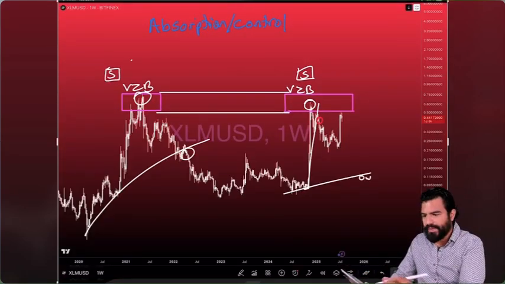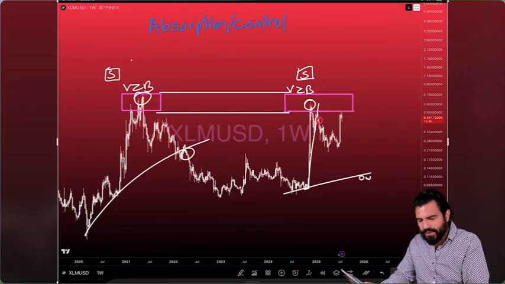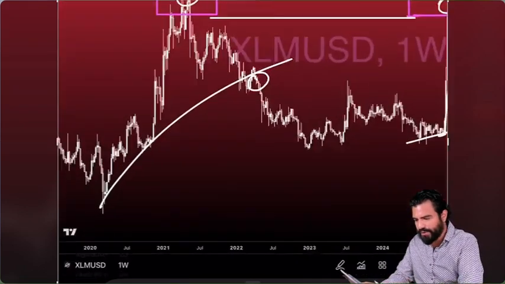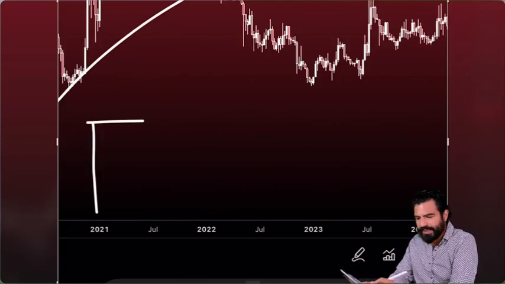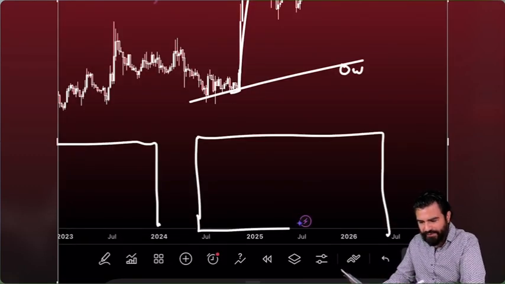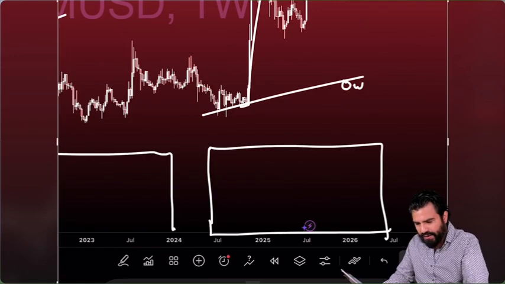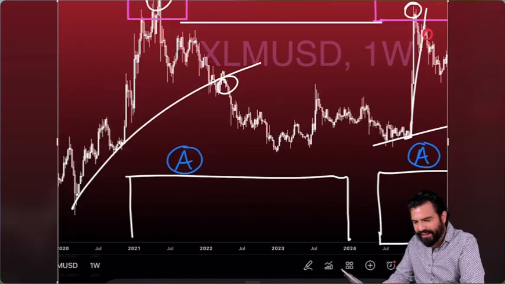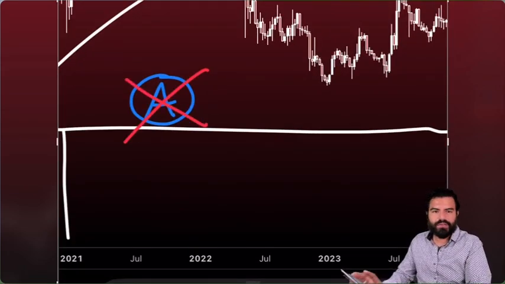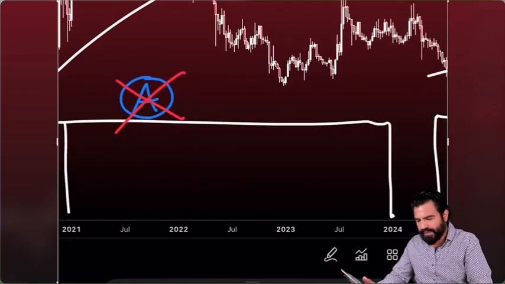Okay. This is what we want. These are the symbols we look for, as I teach you guys many times in a session. The legend is this. Can anybody remember the 3 that we're looking at for lack of absorption/control? What are the 3 symbols that we use?